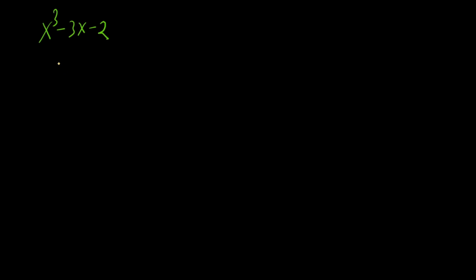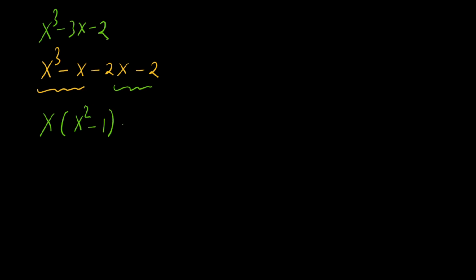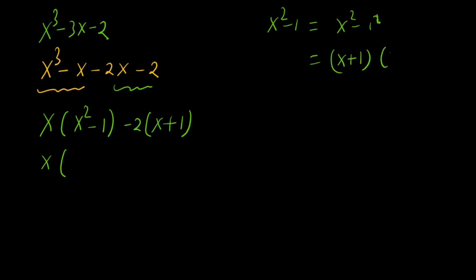If we factorize this cubic, x³ − 3x is the same as x(x² − 1), minus 2(x − 2)... look carefully at these two terms. If we take x common, then x³ divided by x gives x², and −x divided by x gives −1. And here if we take −2 common, then x plus 1. Then x times (x² − 1) is the same as x(x² − 1), and x² − 1 is a difference of two squares, that is (x + 1)(x − 1).